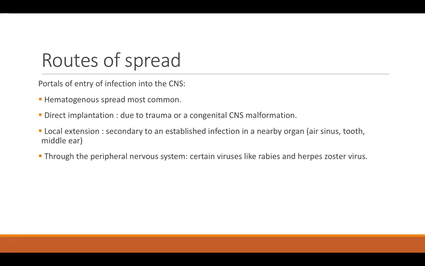So this is obviously going to be prone to infection. ثالث route اللي هو local extension. فيكون عندك infection, an established infection, but it's in a nearby organ. مثلا عندكم sinusitis, عندكم an infected tooth, otitis media. كل هذولي are adjacent structures to your central nervous system, and infection can spread directly. Last but not least, we have through the peripheral nervous system, and this happens with certain viruses like rabies and herpes. We're going to talk about them later on in this lecture.